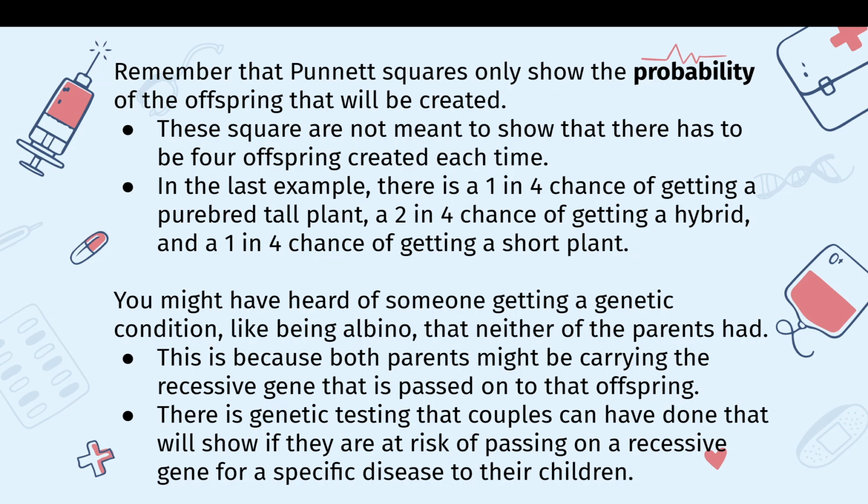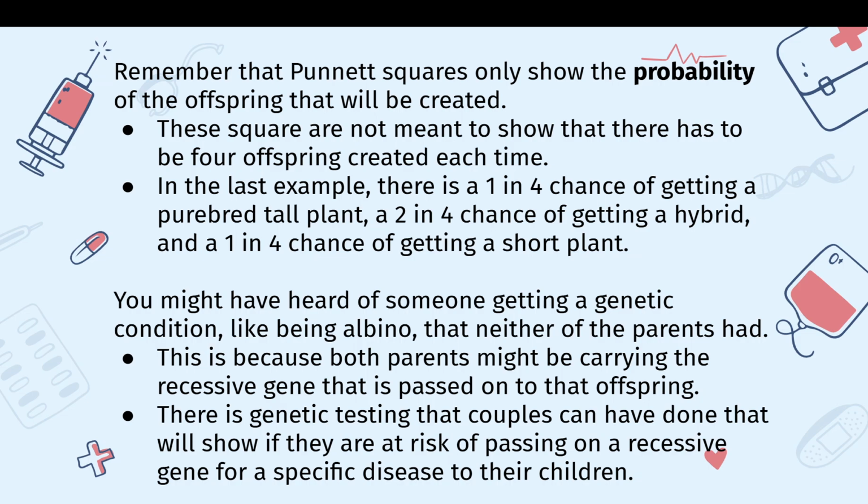Now, this can be because the parents, even though neither of the parents is albino, they were carrying a recessive gene that allows for someone to be albino. It might be that since both of them are carrying that recessive gene, they could still have like a 3 out of 4 chance that their child would be born without being albino.